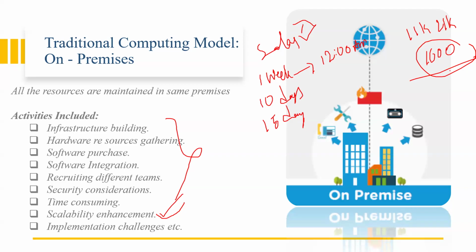Everyone experiences slowness when the sales start at 12 o'clock, when you open the app or the website, because the traffic is very high. Definitely, you will see the slowness of the application.